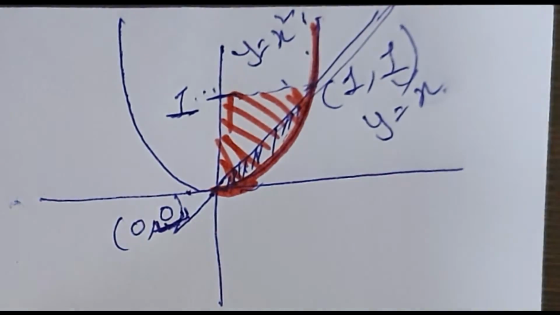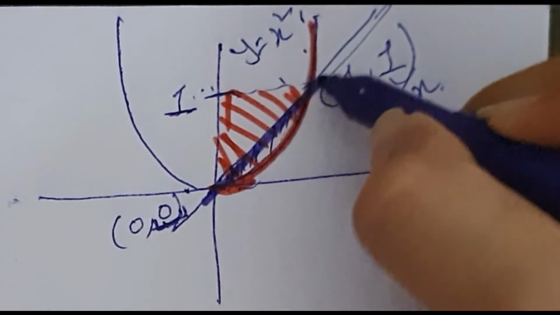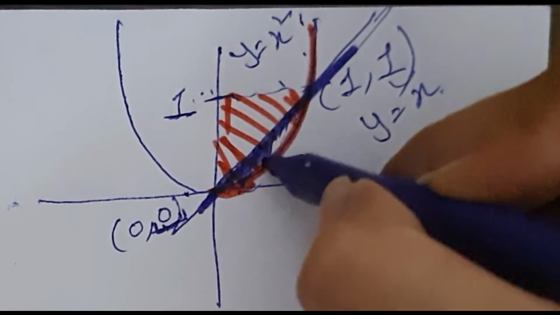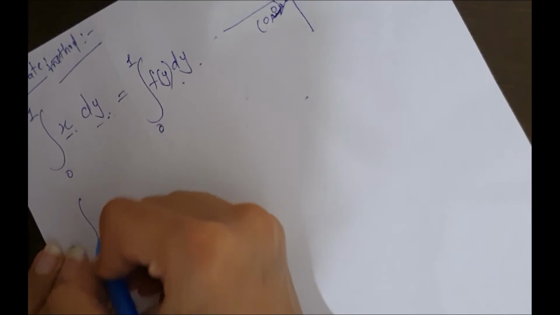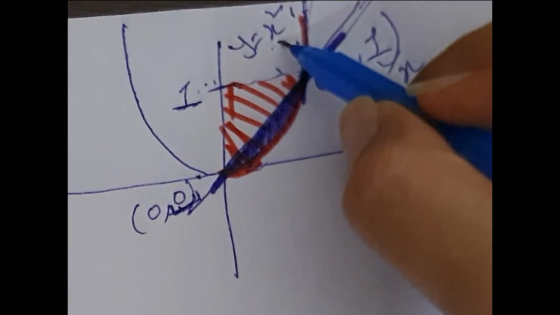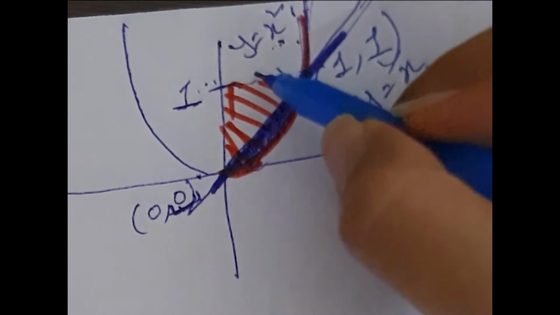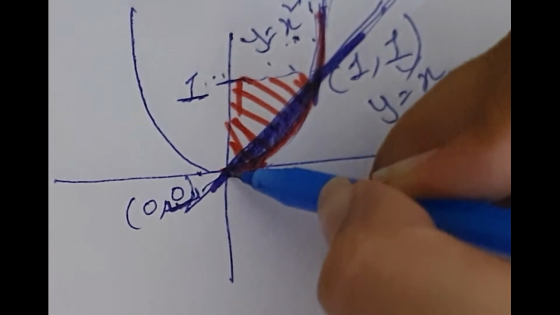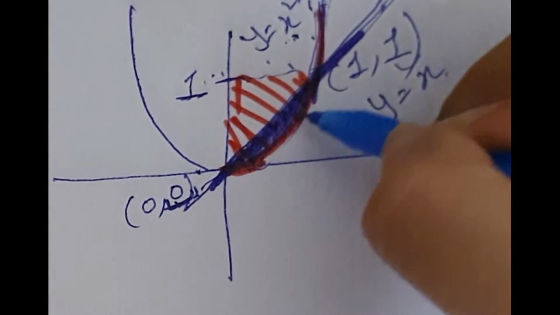If we subtract the equation of the line from the equation of the parabola, then we will get this desired area, that is 0 to 1. Now get the value of x from this equation of the parabola, that is root y. Now subtract the equation of the line from this equation of the parabola to get the desired part.